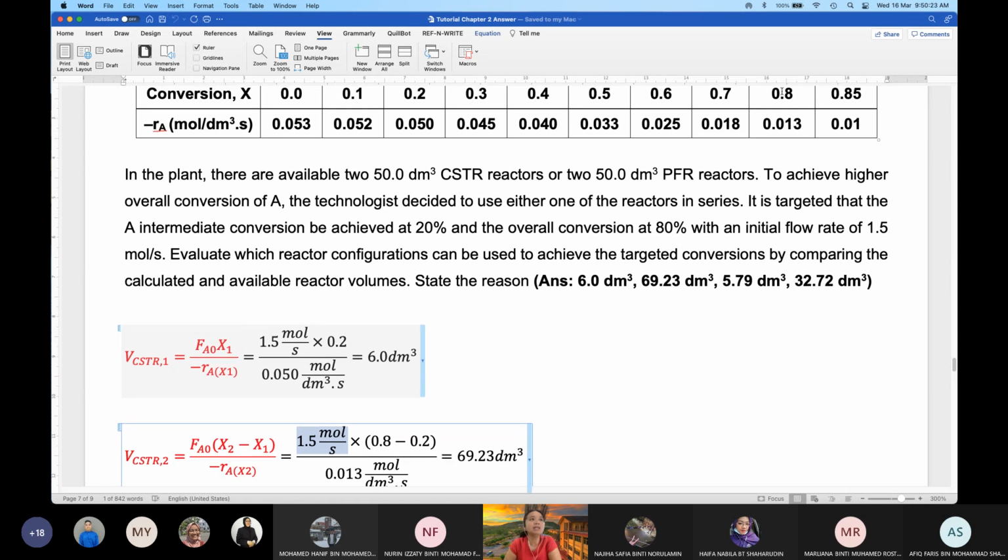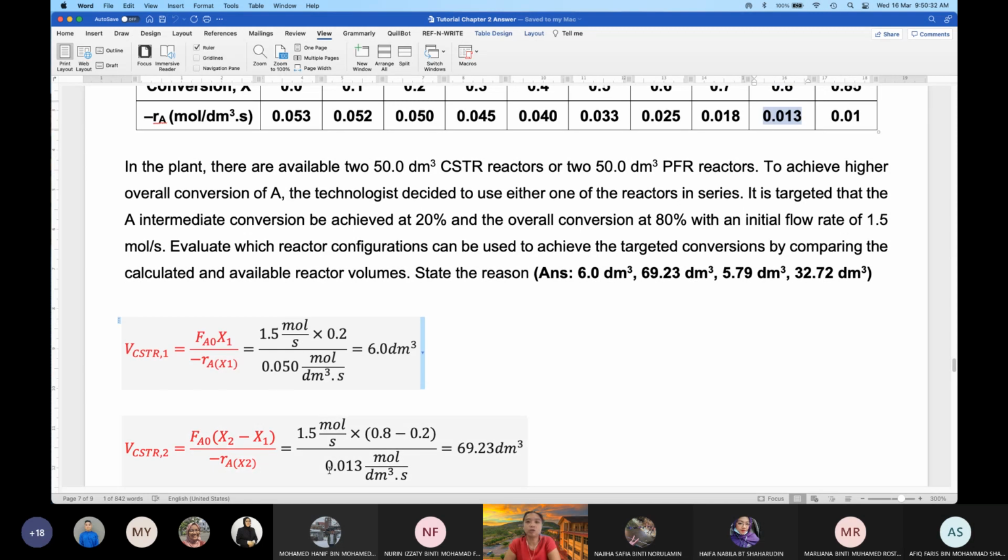It means at 0.8, my X2, my minus RA is 0.013. So I replace 0.013, you calculate, you get the second volume 69.23.